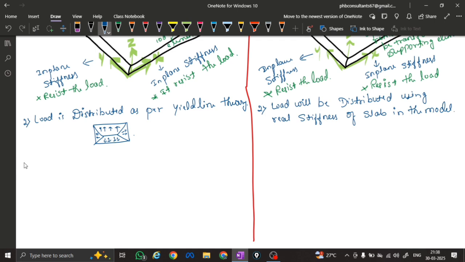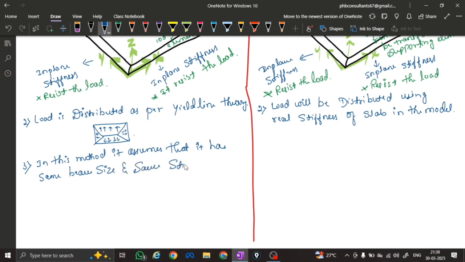Okay, and in membrane element, in this method, it assumes that it has same beam size and same stiffness.